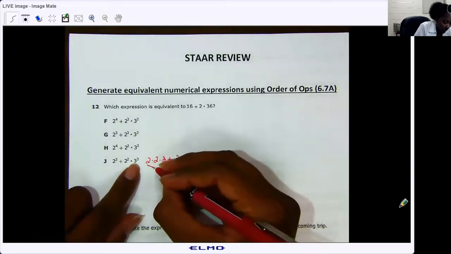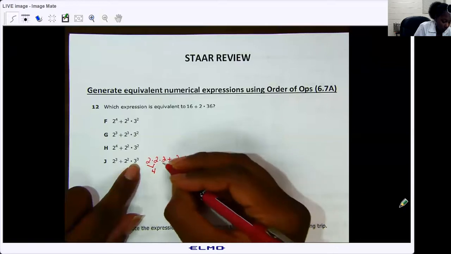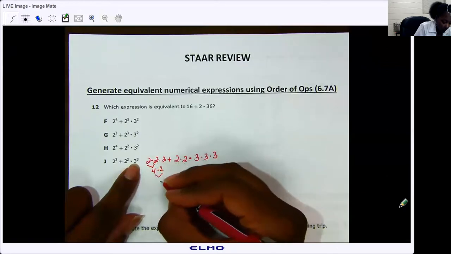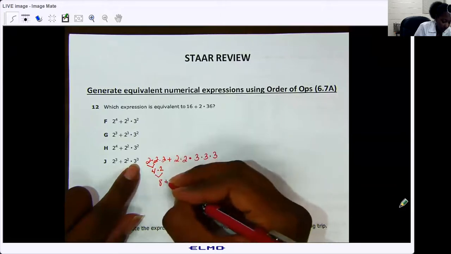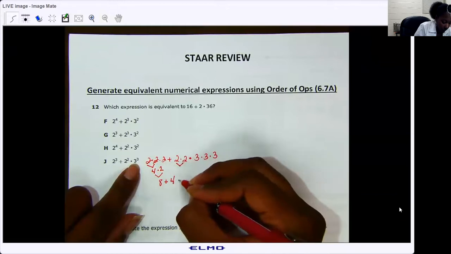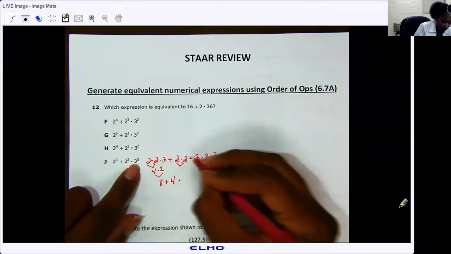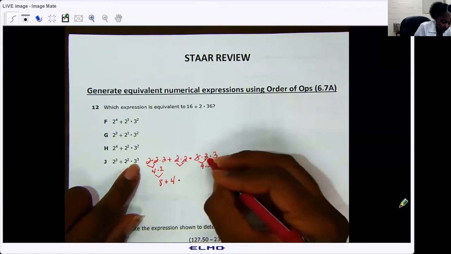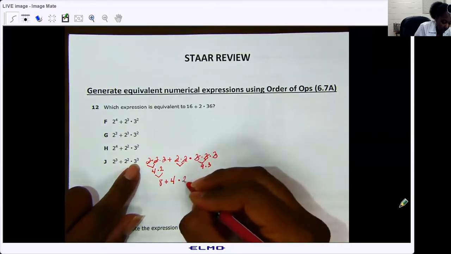So we have 2 times 2, which is 4, and then we have another times 2, which is 8, and then we have a plus sign. 2 times 2 is 4. Then we have a multiplication symbol. 3 times 3 is 9. And then 9 times 3 is 27.